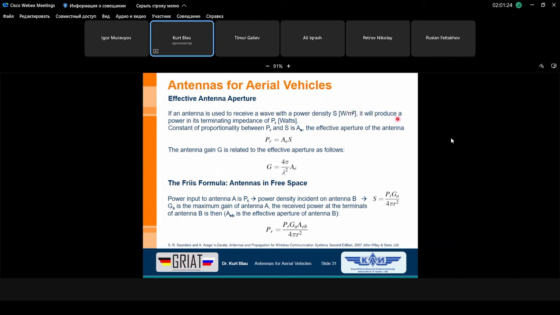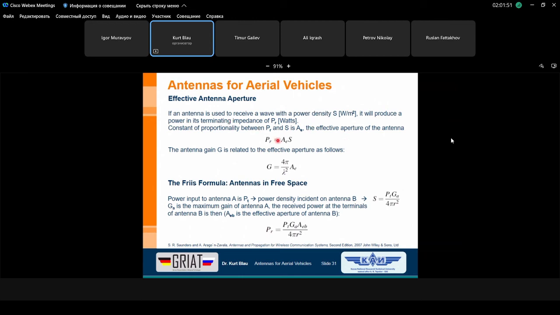It will produce a power in its terminating impedance, P_R, the receiving power in watts, and the constant of proportionality between the received power and the power density is the effective antenna aperture, A_E.